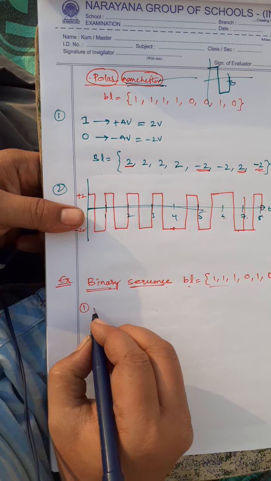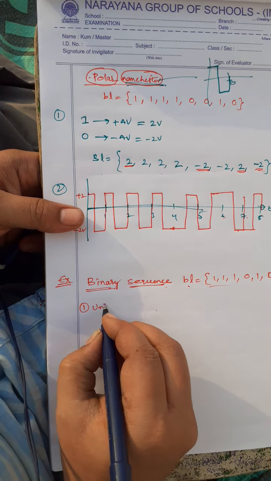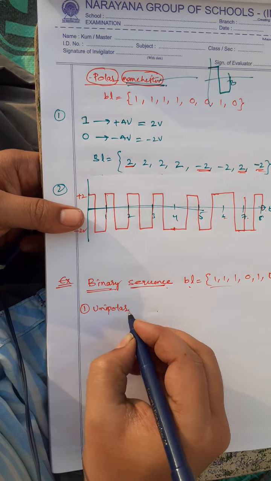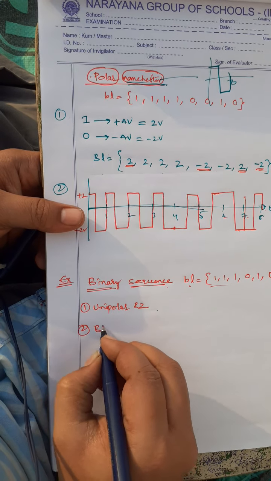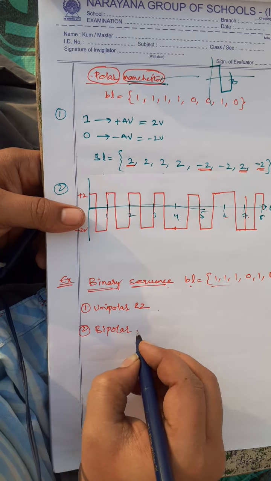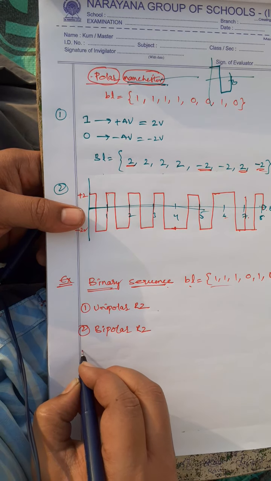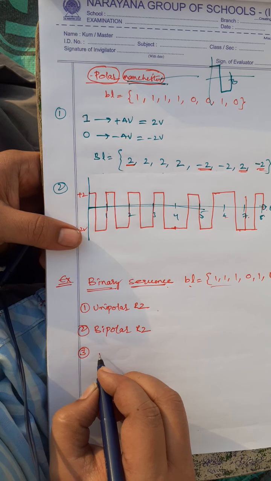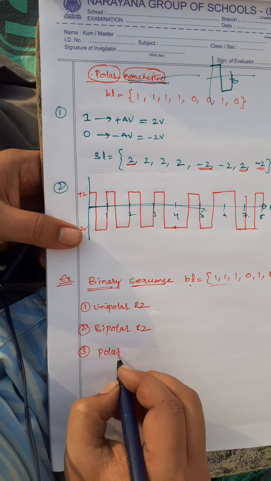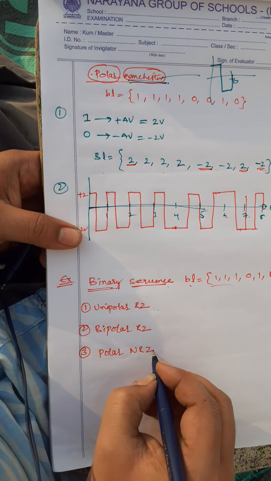First one, unipolar RZ. Second one, bipolar RZ. Third one, polar NRZ.